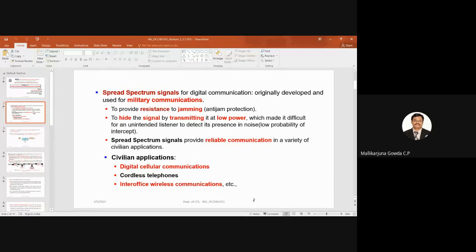Spread spectrum signals provide resistance to jamming, which we call anti-jam protection. I hope you all know what jamming is. Are you aware what jamming is? Am I connected or not? I'm not getting any response.